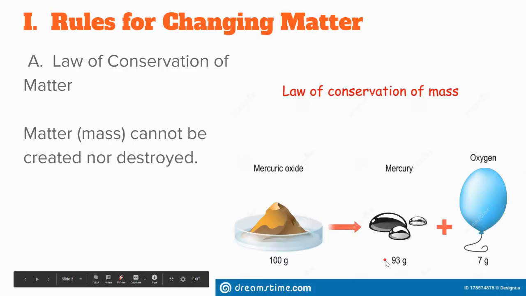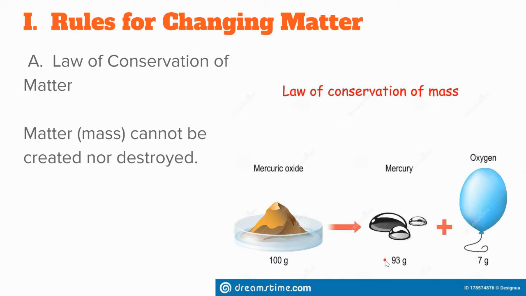So first things first, we do have a couple of rules that are followed when we are changing matter. The first is the law of conservation of matter. It's also sometimes just called the law of conservation of mass. And this says that matter or mass cannot be created nor destroyed.